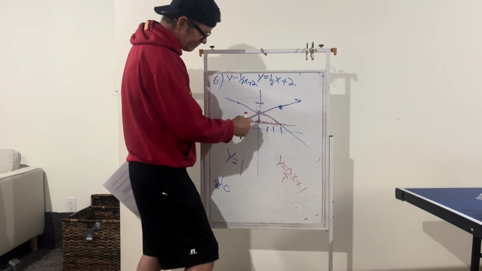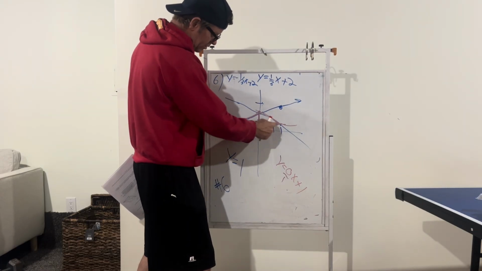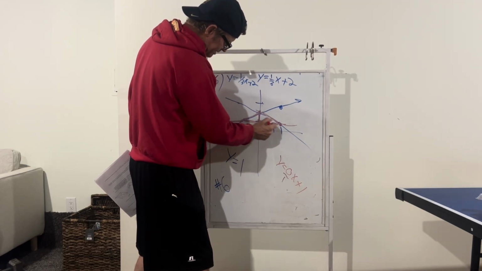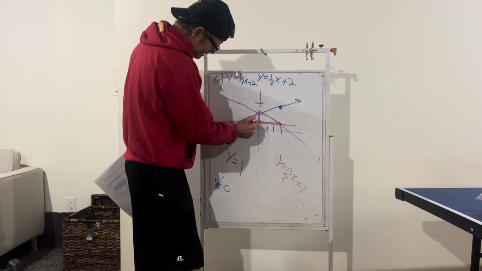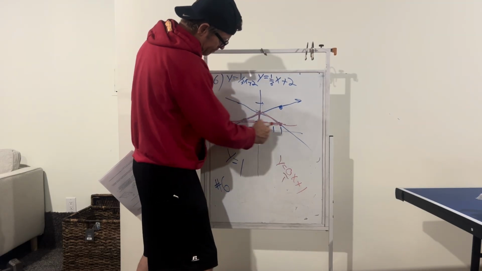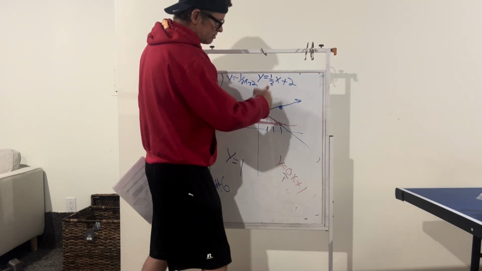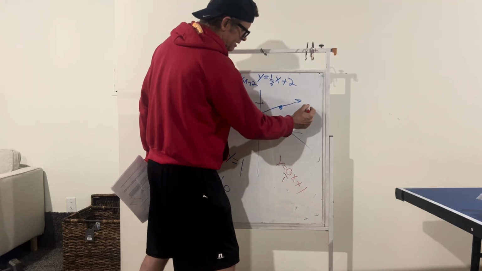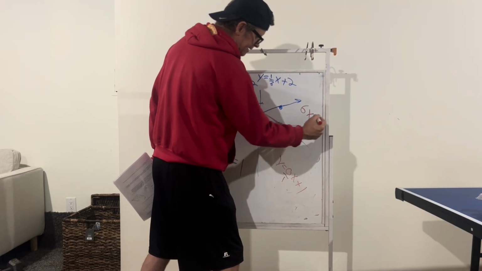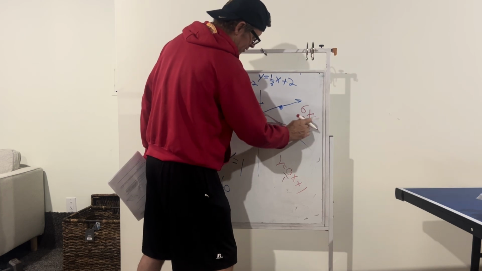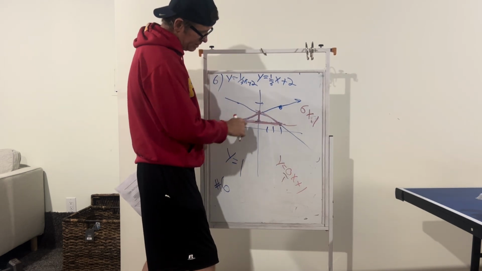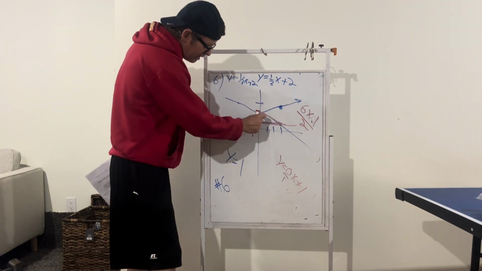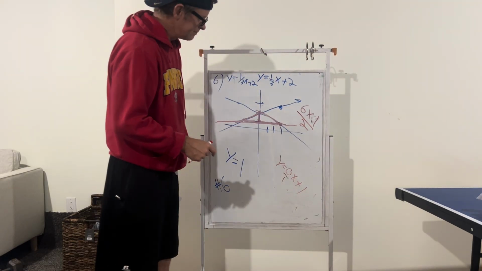And the base is, if you think about it, here we went down 1 over 3 and we got to there. So this distance here is 3. This distance here is 3. So the base is 6. So the base is 6, the height is 1. So it's 6 times 1. But what do you do when it's a triangle? Remember, the area of a triangle you have to divide by 2. So the area of that triangle is 3.